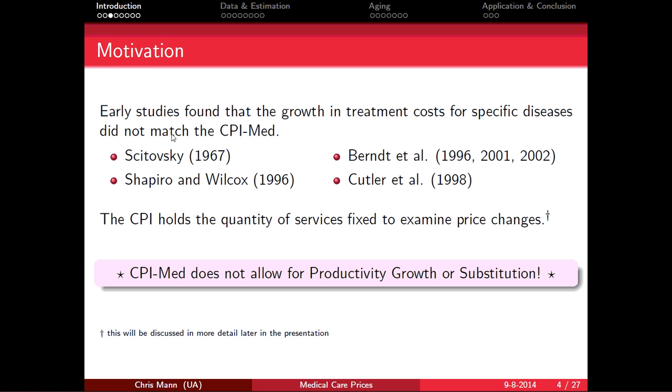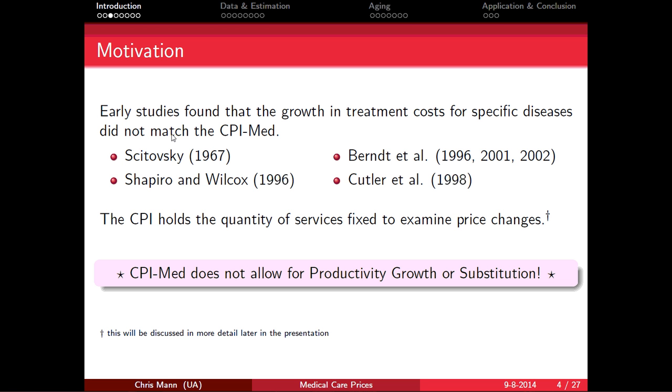Okay? So the motivation behind this paper comes from these earlier studies. They first began with Anne Scitovsky in 1967, in which she looked at the treatment for 5 different diseases in a Palo Alto clinic in California.